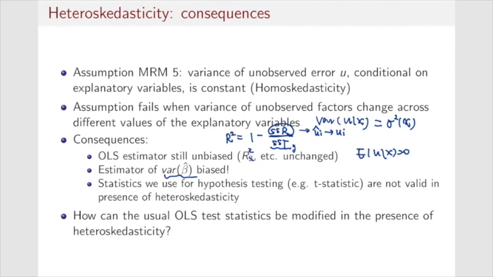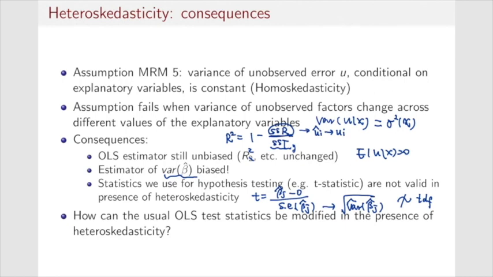The t-statistic is equal to beta j hat minus 0 divided by the standard error of beta j hat, and this standard error is the square root of the variance of beta j hat. With heteroscedasticity, the t-statistic does not follow a t-distribution anymore. Other inferences based on p-values or confidence intervals also depend on the t-distribution. Therefore, we cannot use them either.